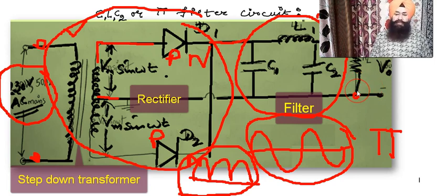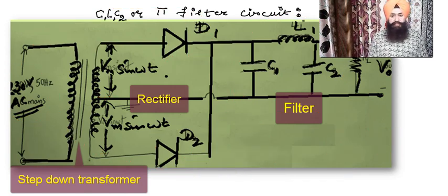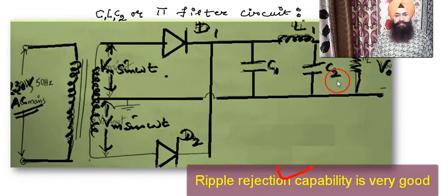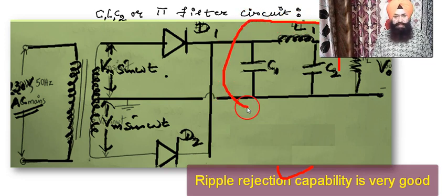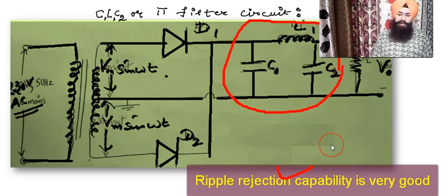So this is the simple diagram. The capability of this filter circuit is very good in comparison with the shunt capacitor filter or series inductor filter or LC filter. So the pi filter is good for ripple rejection.